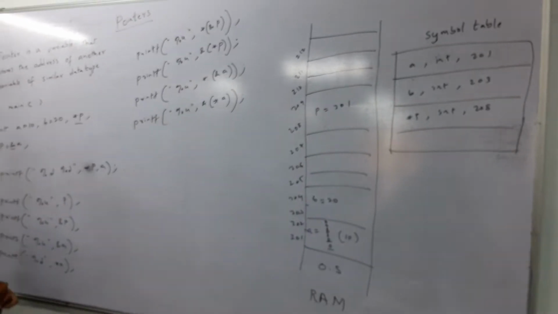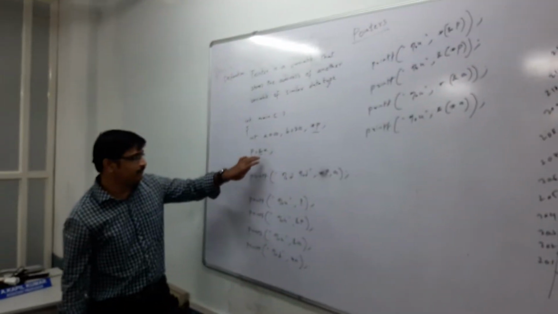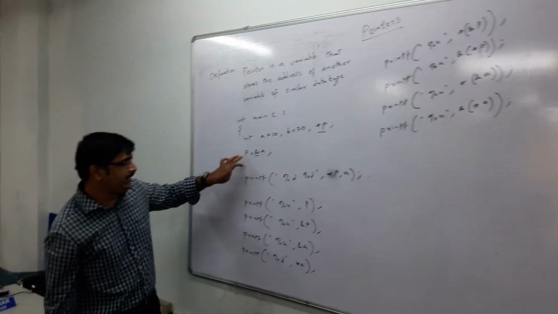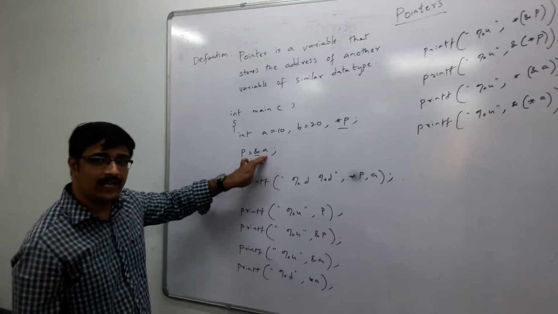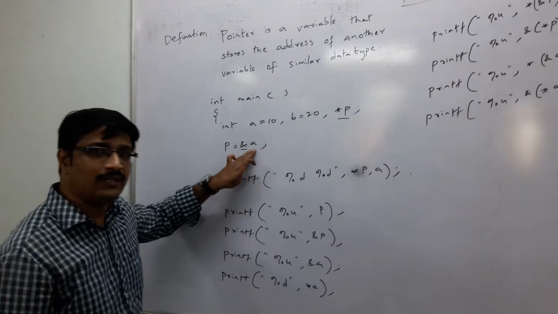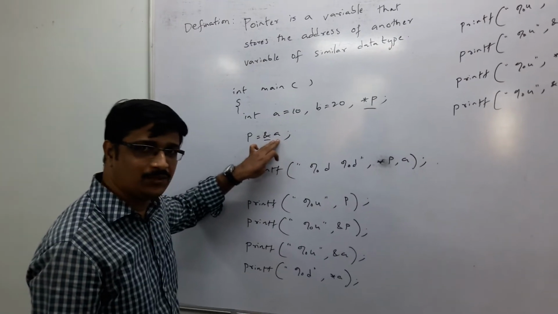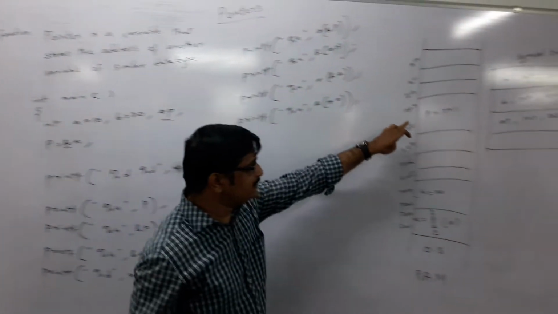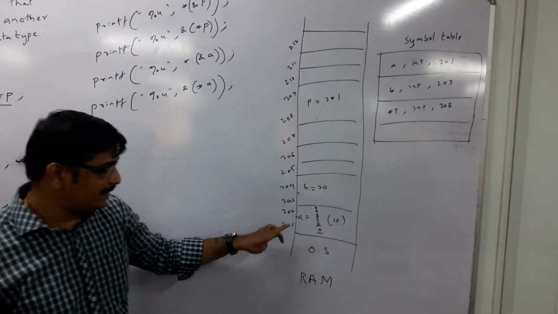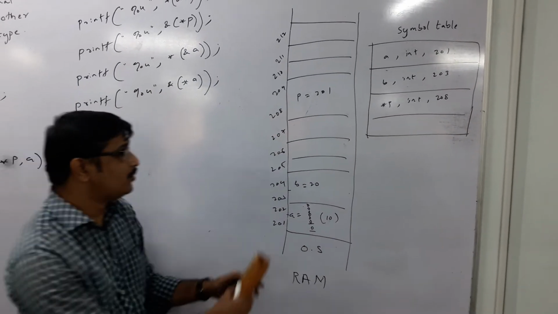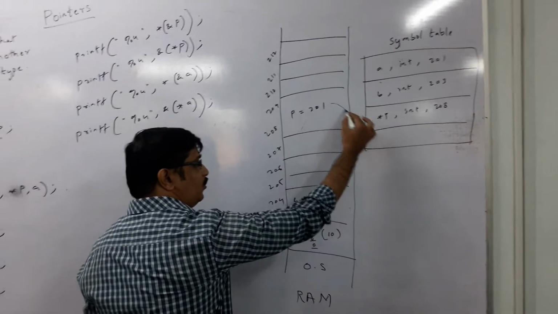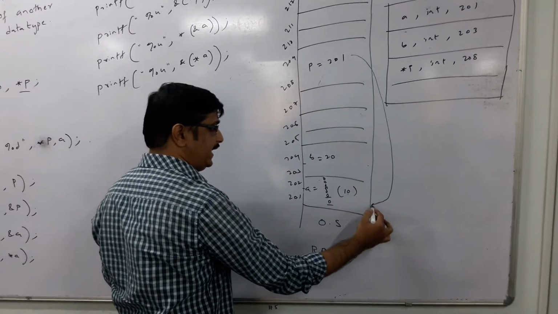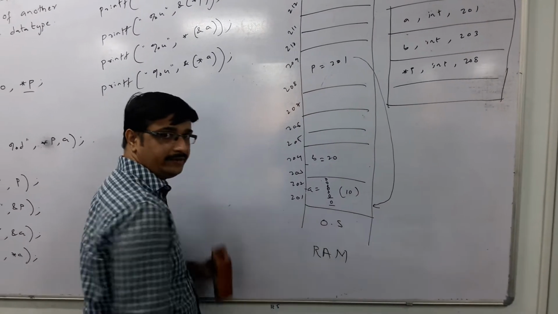As we have seen in the program, we wrote p equals ampersand a, where I am trying to store the address of a into p. That is why p is holding the starting address of a, that is, 201.